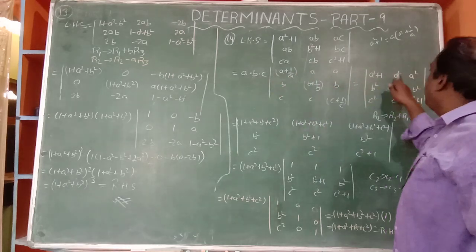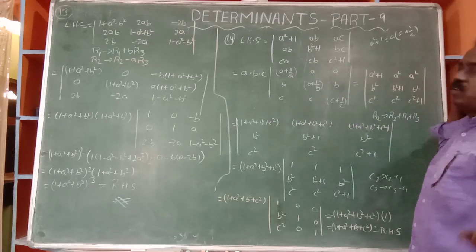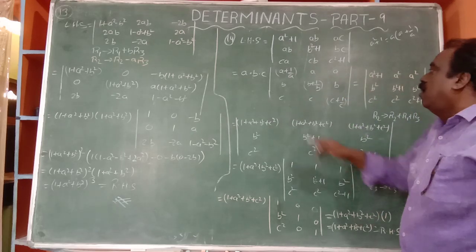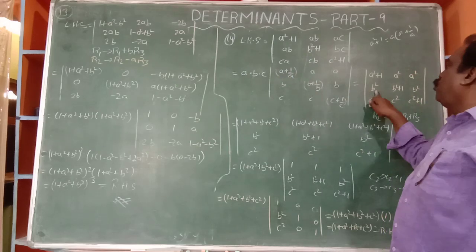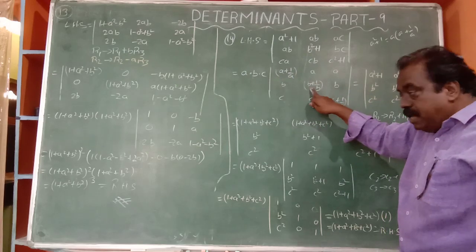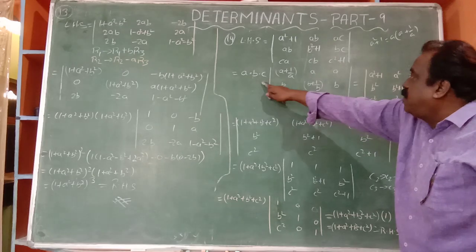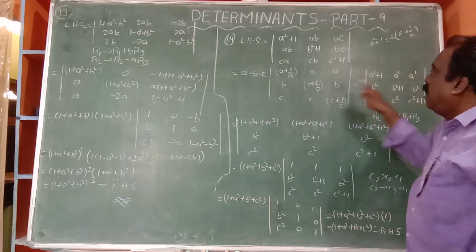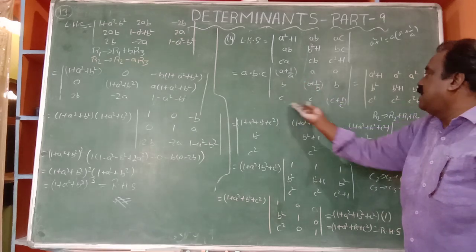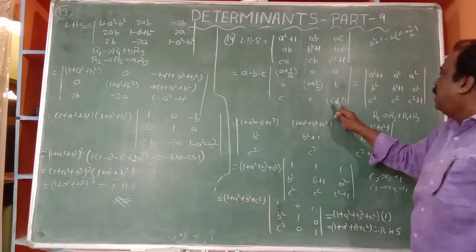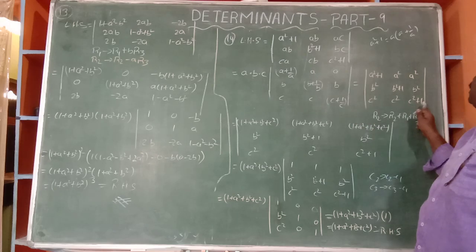Again A into A square. A into A square. Okay, now B into second row. B into B, B square. B into B, B square plus B into 1 by B is 1. Again B into B, B square. Similarly, C in the third row, C square, C square, C square plus 1 by C into C is 1.